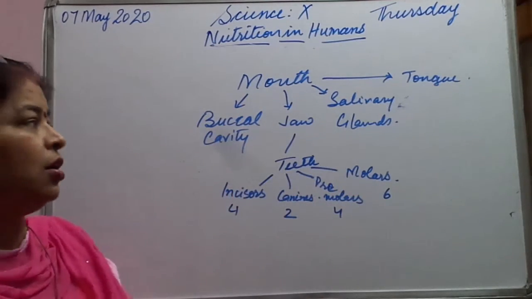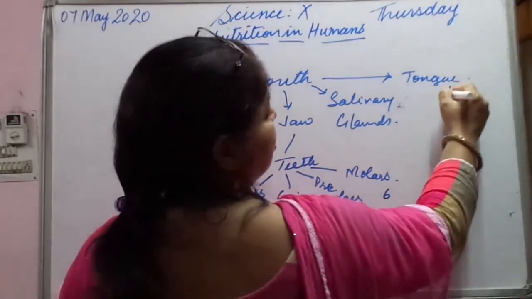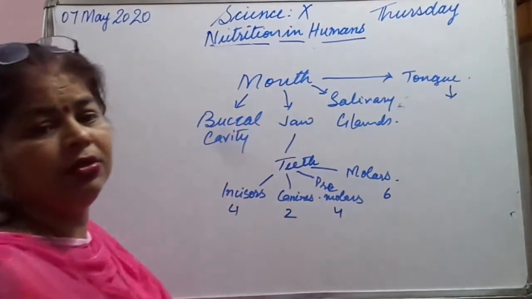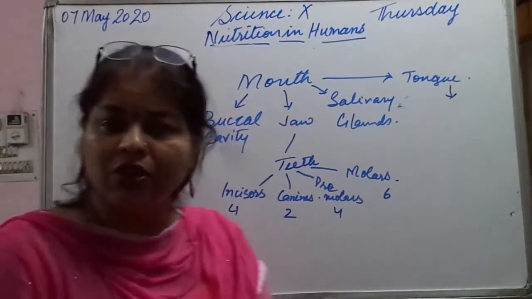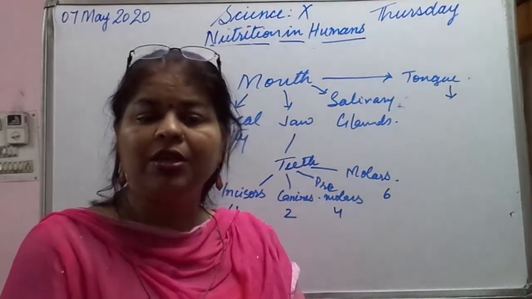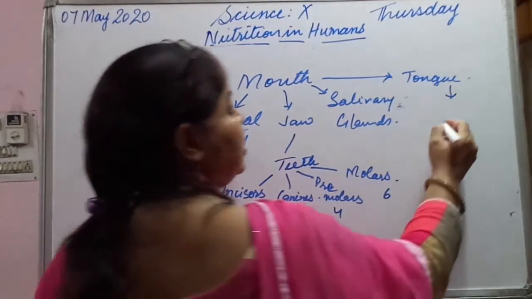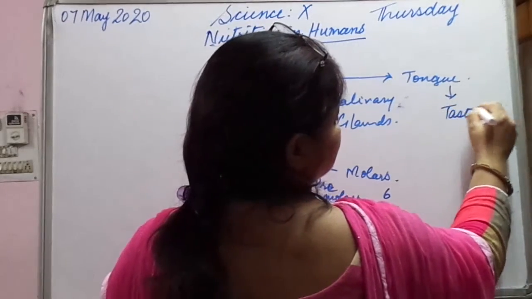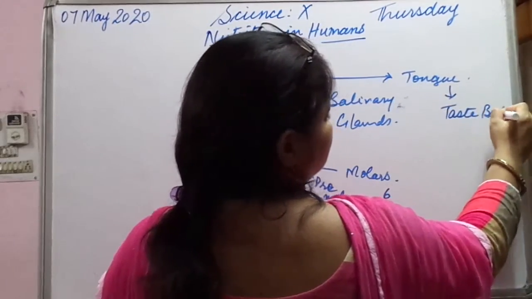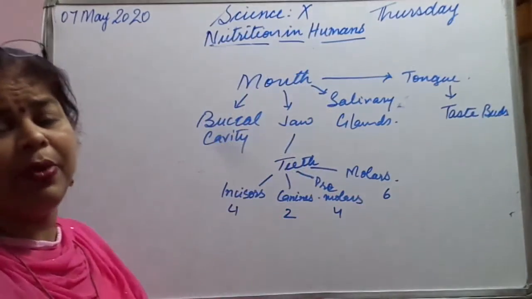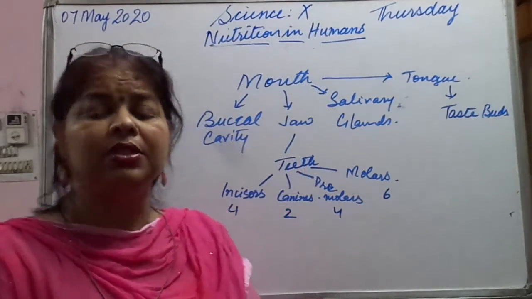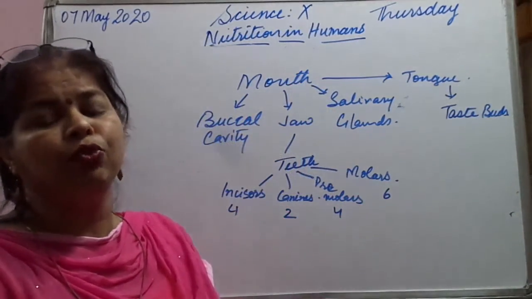Then comes the tongue. The tongue is a fleshy organ, which is also a sensory organ, and it bears taste buds. These taste buds help in tasting the food.